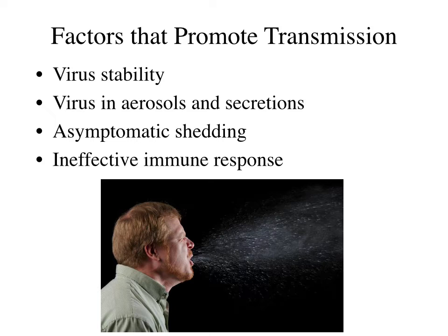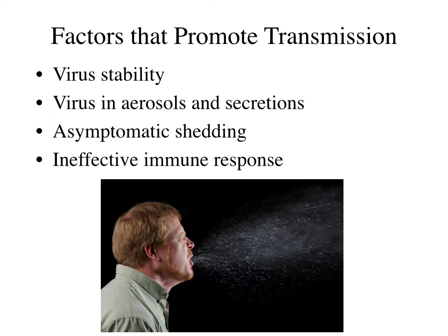And an ineffective immune response plays a role too. What we see in our modern society is that there's a larger and larger segment of the population that have reduced or ineffective immune responses. Many times this is intentional.